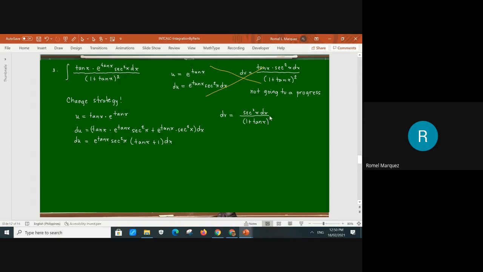I can bring this up so that it is 1 plus tangent x quantity squared, raised to negative 2.